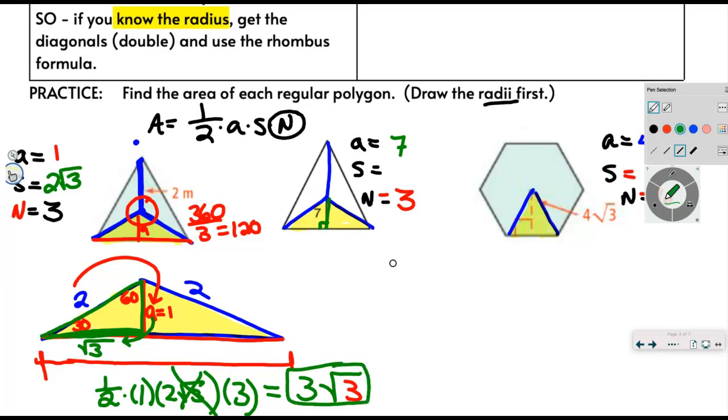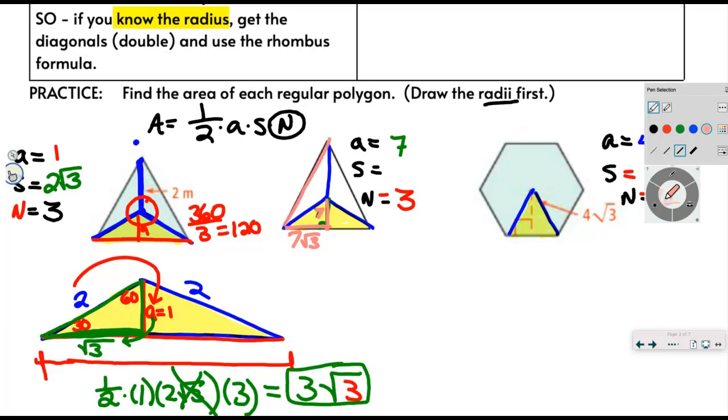I would challenge you to try this next one on your own. But again, in this one I'm only missing the side length, so it's a little easier. I don't know that I need to pull that yellow one out because the 7 was on the apothem. The apothem is the short side. The long side, because again it's going to make the 30, 60, 90, is the short times the square root of 3. Well, that's halfway.